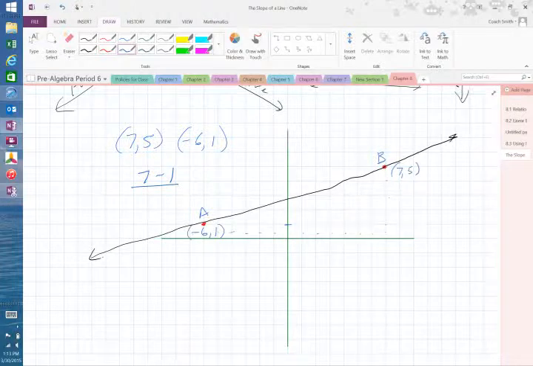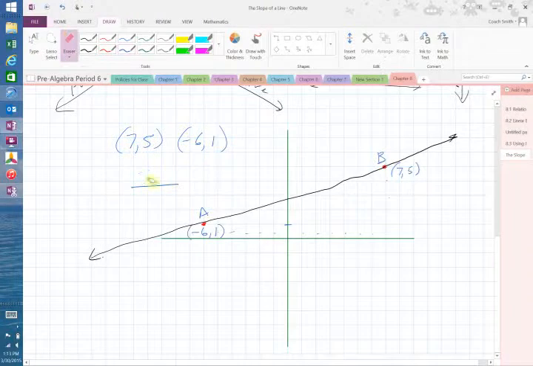Make sure you're paying attention. 5 and 1 is my two y's. Then my x is 7 and -6.